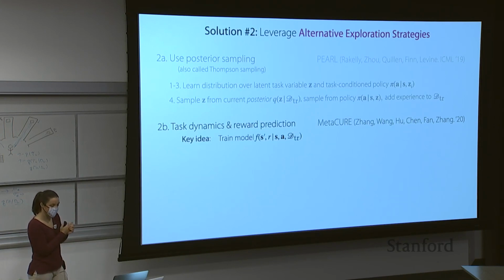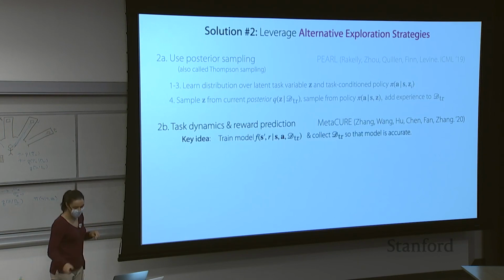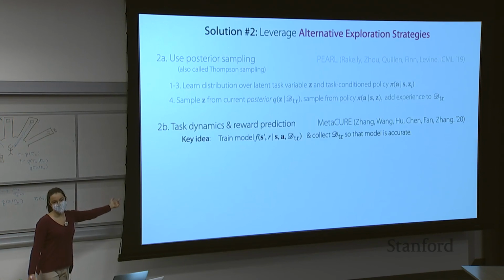Then we could train an exploration strategy such that this model is accurate. Once we have this model, we can train an exploration policy that gets high reward if this model has low error.